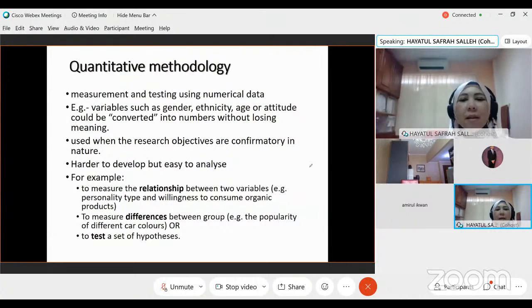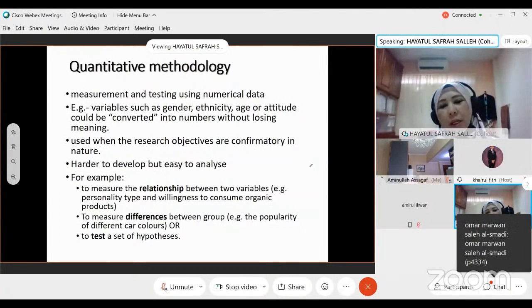So meaning that we translate these variables. For example, gender, male or female: we put number 1 for male and number 2 for female, and then we put this number in our data software, for example SPSS, depending on your sample or respondents. The same goes for ethnicity.